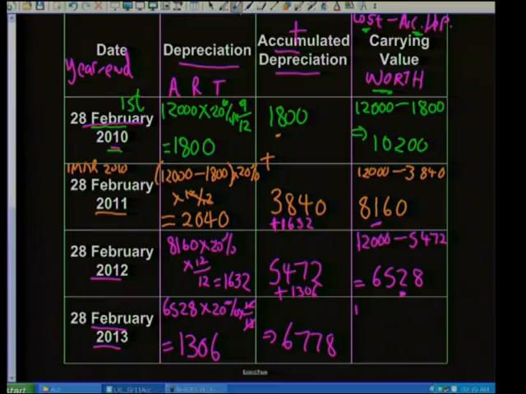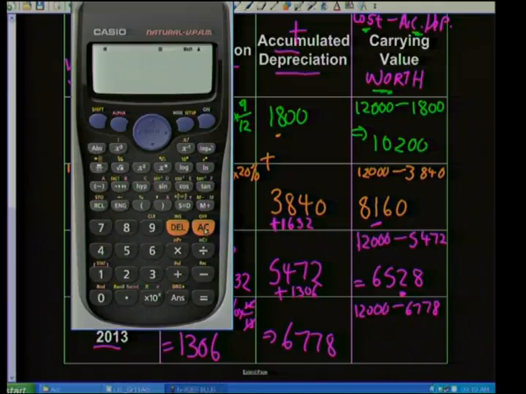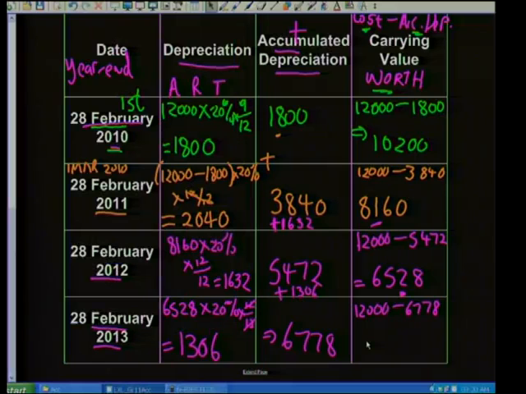Right, and then finally, the carrying value at the end of the fourth year, this asset is now worth, so again, cost price, 12,000 minus accumulated depreciation, 6,778. So this asset is now worth, or it has a carrying value of 5,222.